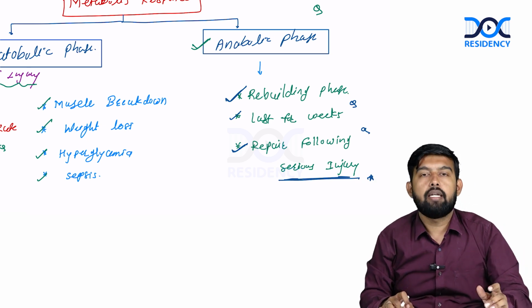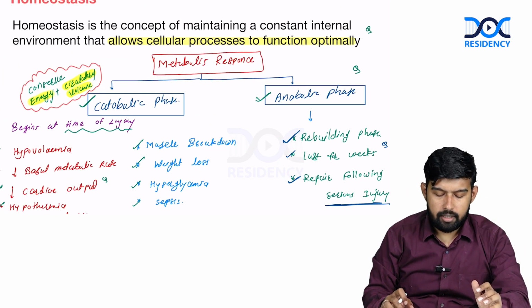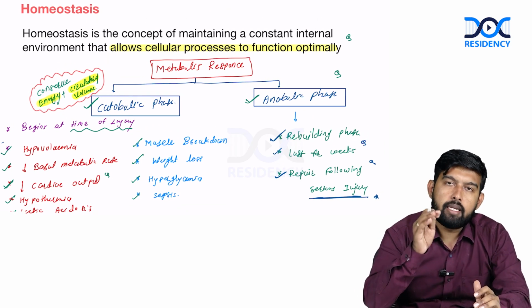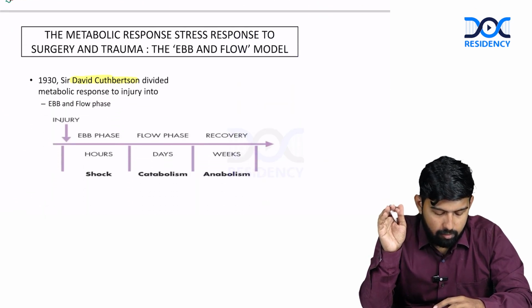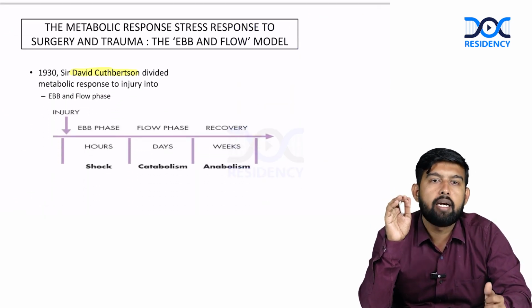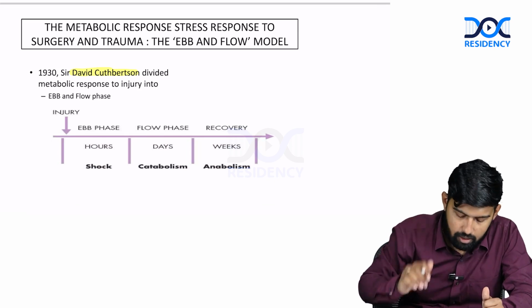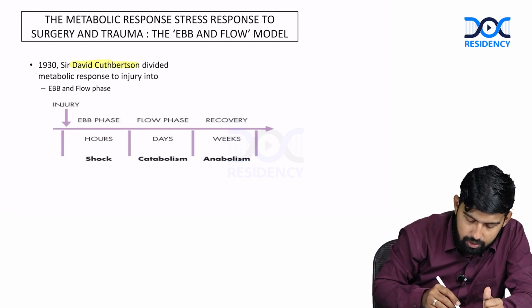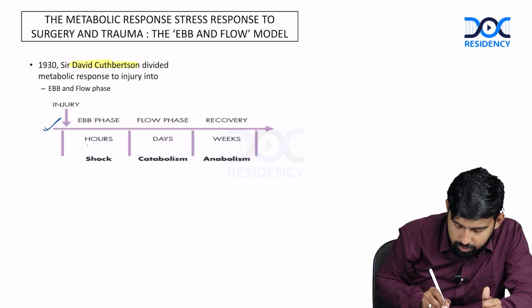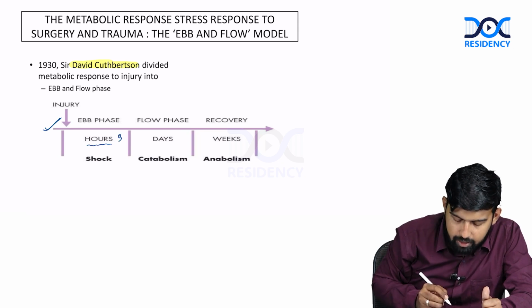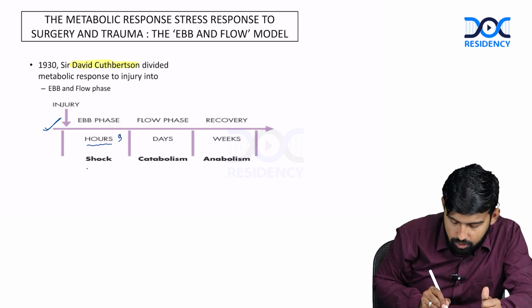Basically, there was an old concept of the ebb phase and flow phase. This was mentioned in 1930 by David Cuthbertson. It states that the ebb phase starts within an hour after the injury and is characterized by the presence of shock.